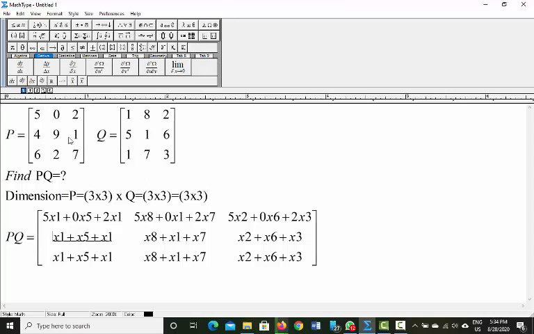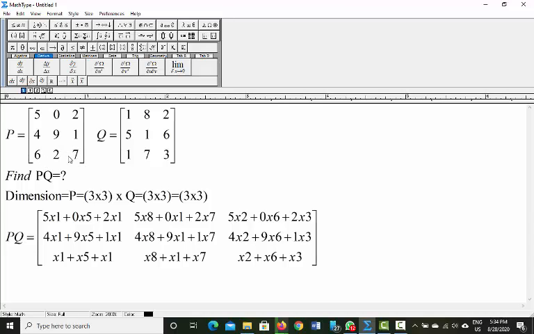In the second row we have 4 9 1. So in the second row it will come serially 4 9 1. Here also 4 9 1. Similarly here also we will have 4 9 1. Now we will move to the third row of the first matrix.